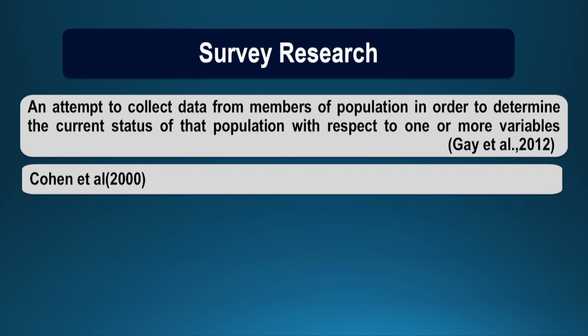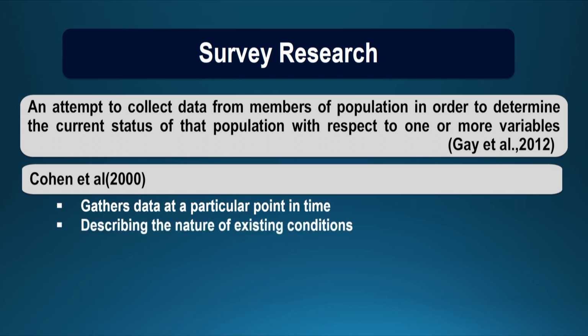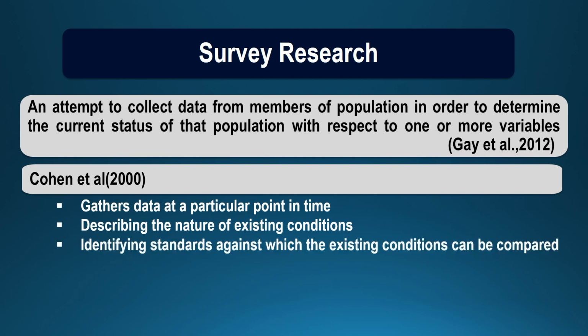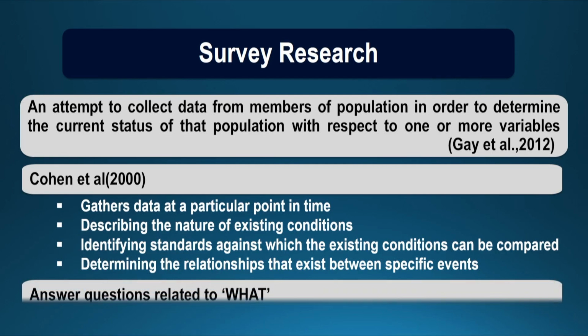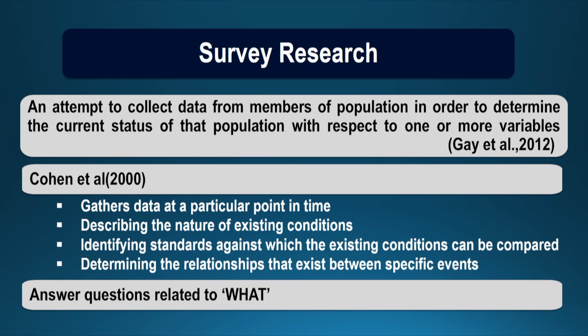Survey research, as Cohen et al. have remarked, gathers data at a particular point of time and describes the existing conditions. It also helps in setting the standards and comparing the existing conditions with those standards, and also helps in establishing relationships between two or more events. Survey research tries to answer questions which relate to what?